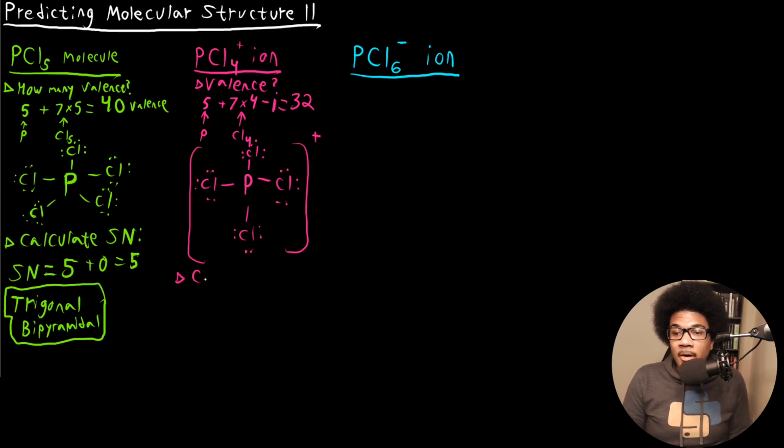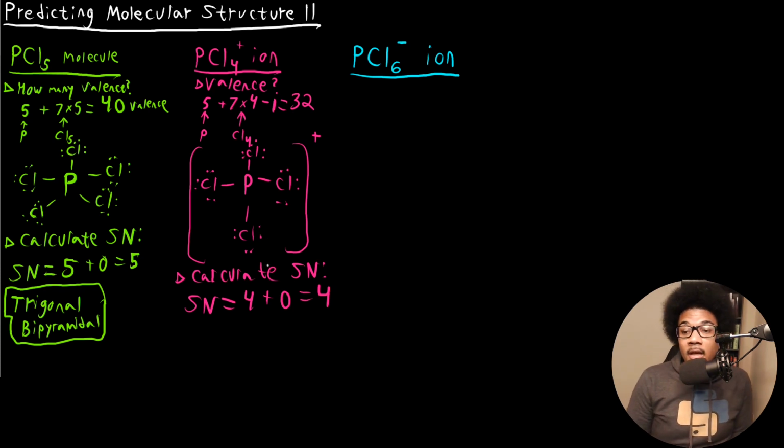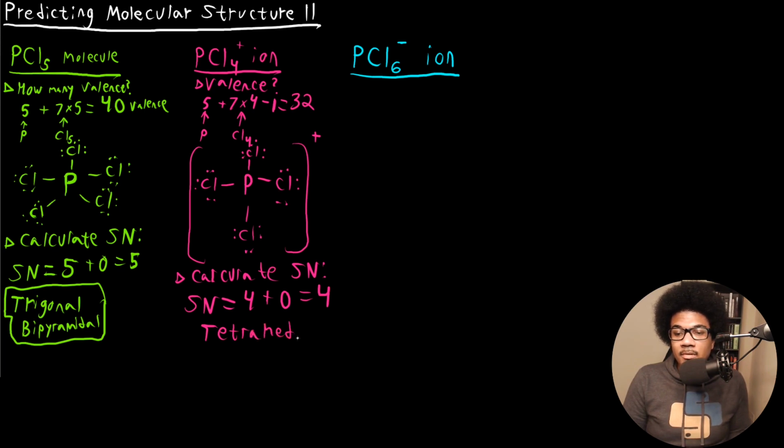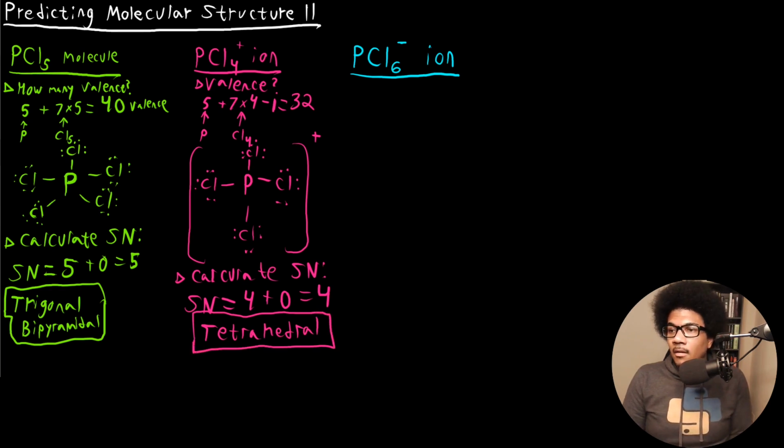Now let's calculate the steric number again. We have 4 attachments plus no lone pairs, so that's a steric number of 4 with no lone pairs. That gives us a tetrahedral geometry for PCl4+.